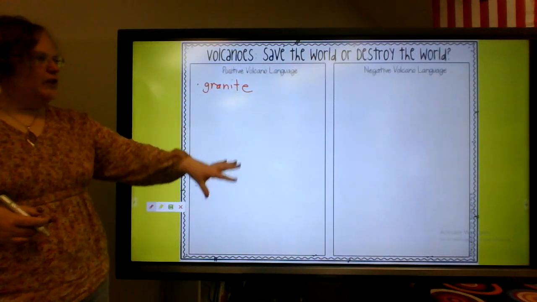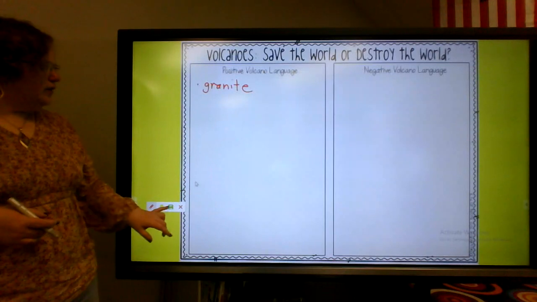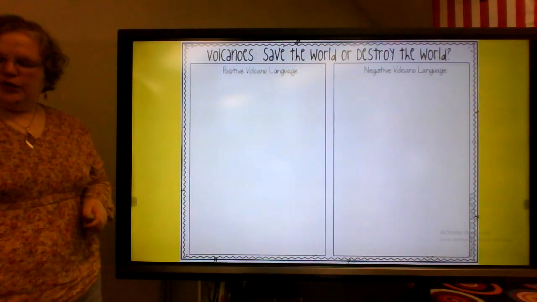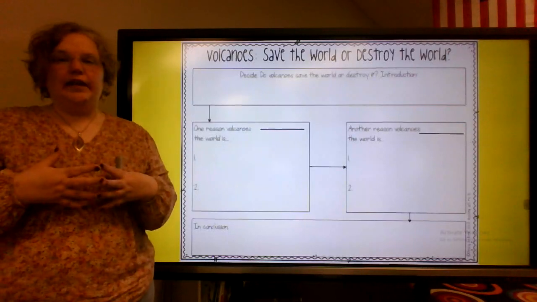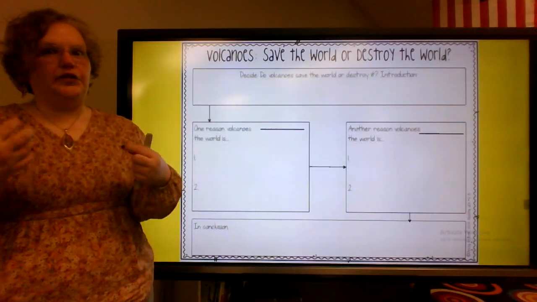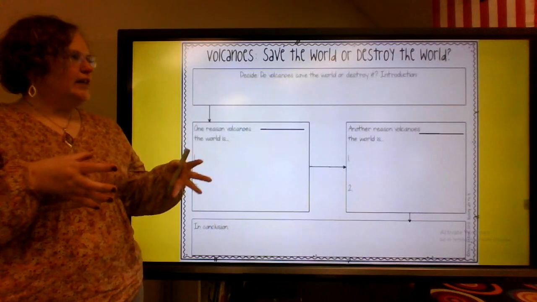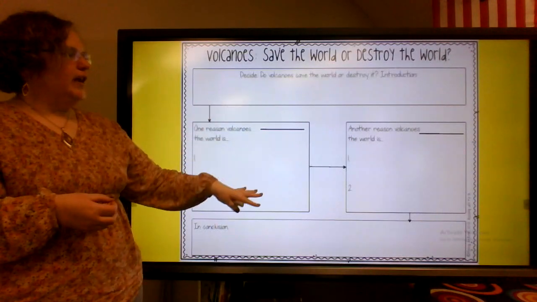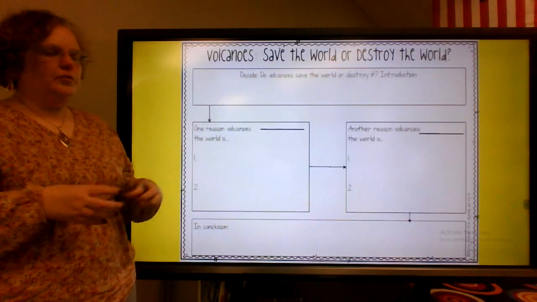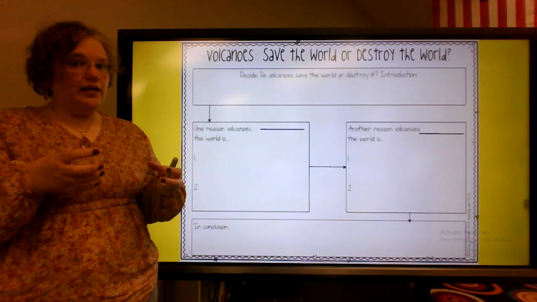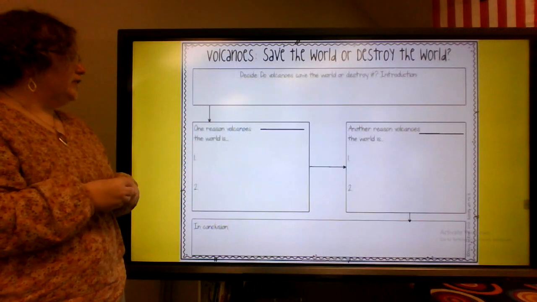And then, of course, they would fill this graphic organizer out and decide with the next graphic organizer whether they think volcanoes save the world or whether they destroy the world. And whatever way that they decide to go, they're going to write an essay by filling in information for their introduction, by finding something very interesting about volcanoes to catch the reader's attention.